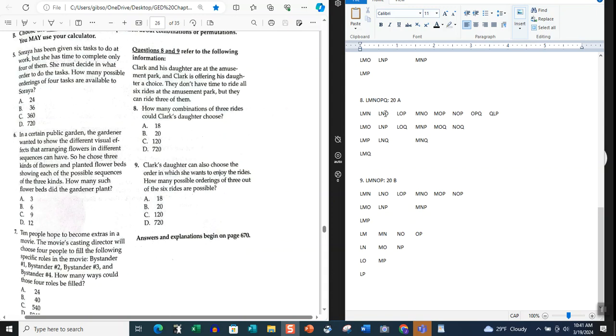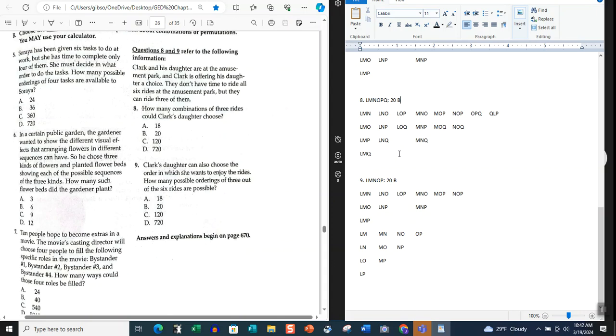There are 20 different combinations that you can have. So your answer here would be B, utilizing these combinations here, and you could write this out. So your answer would be B, which would be problem number 8, which would be 20. So I'm going to change this to B, just in case you forget that I had it as B. Okay, so your answer here would be B for problem number 8. And those are the 20 different combinations.